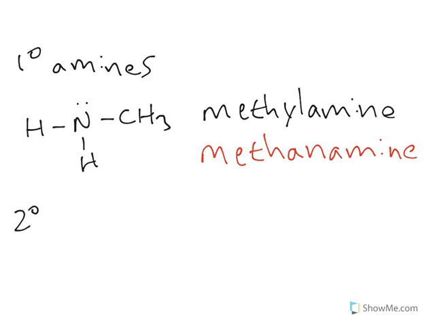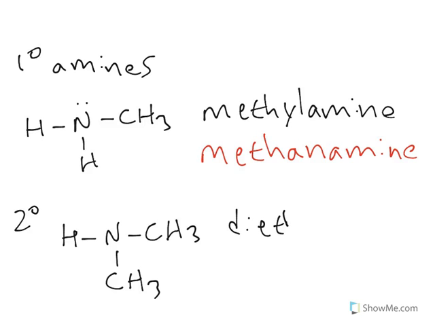So when we move to secondary amines, what we're going to have here is something like this guy. Oops, we need a nitrogen. So if the two groups are the same, then we just simply call this dimethylamine. All one word there. All right.